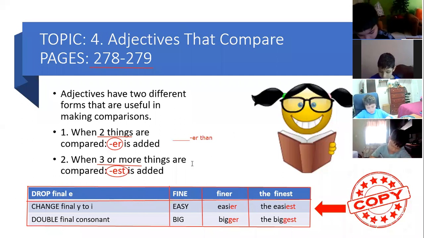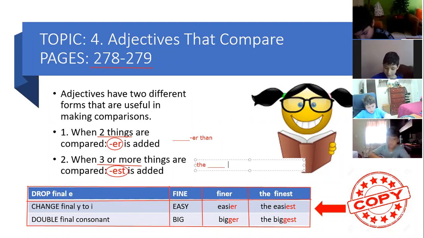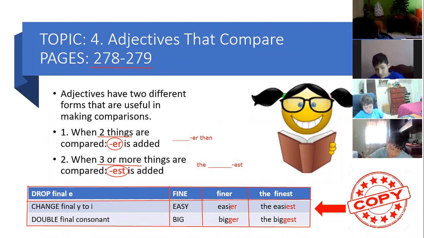When you compare three or more things, the pattern is the adjective plus EST. The easiest, the biggest, the smallest, the slowest, the fastest.